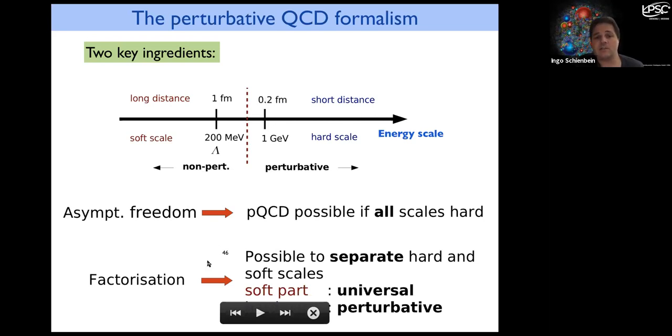And factorization tells us then that it's possible to separate hard and soft scales. So the soft part is universal, and the hard part is not universal but calculable, and that leads to a formalism which has predictive power.